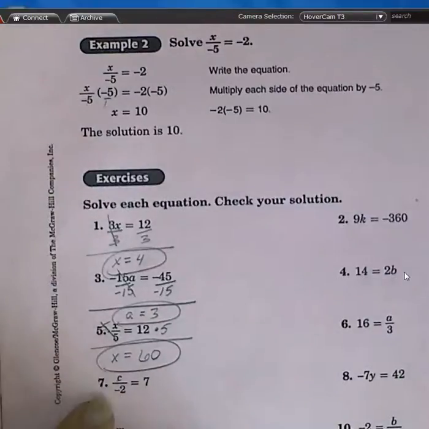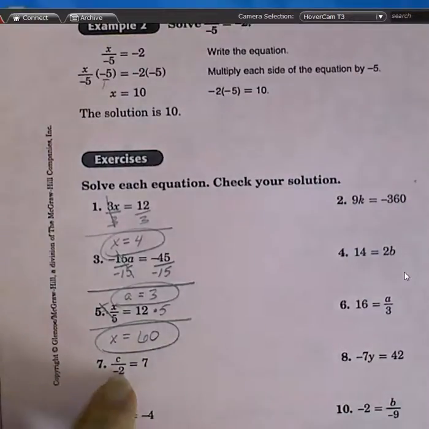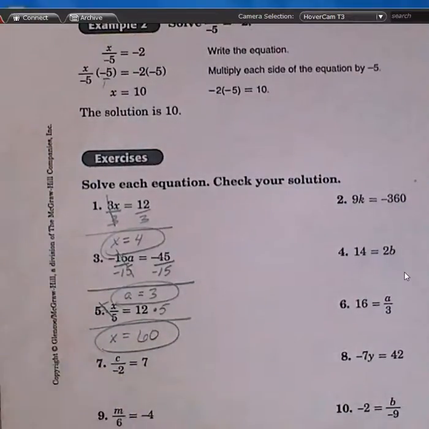What if I've got c over negative 2? C over negative 2. First of all, what's the fraction bar mean? Divide. So, multiplying is the inverse operation. What are we going to multiply by?